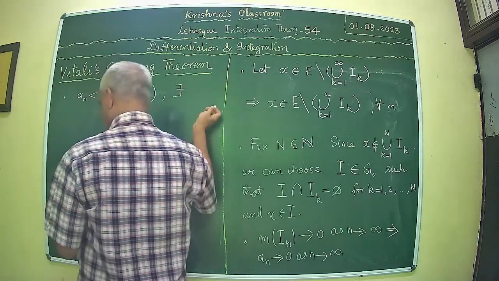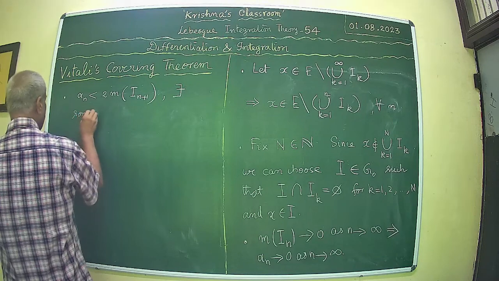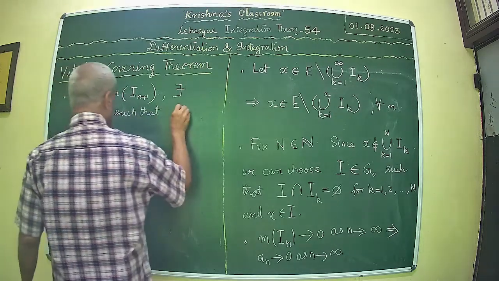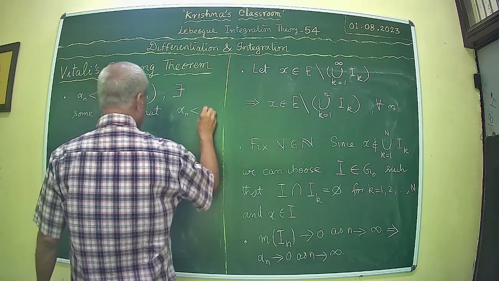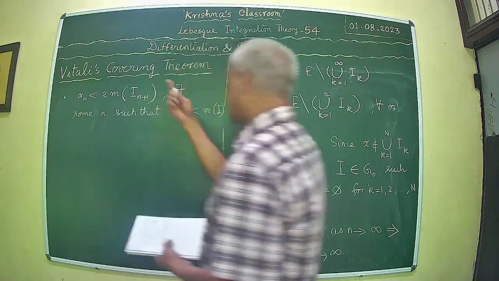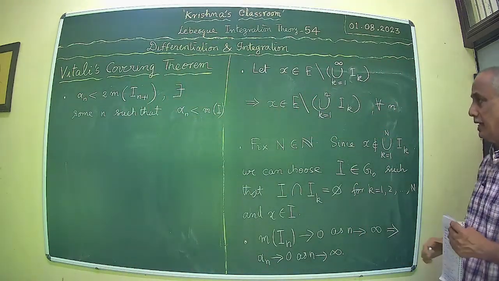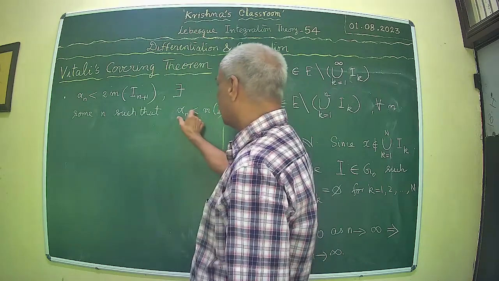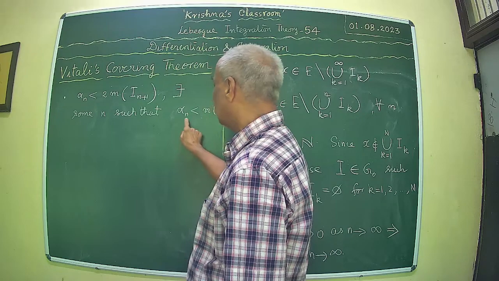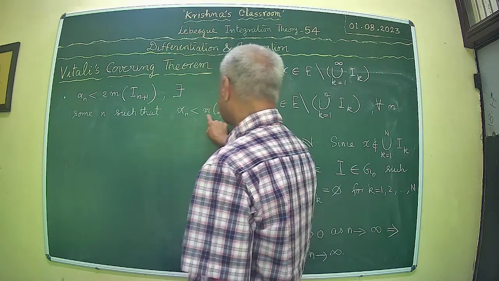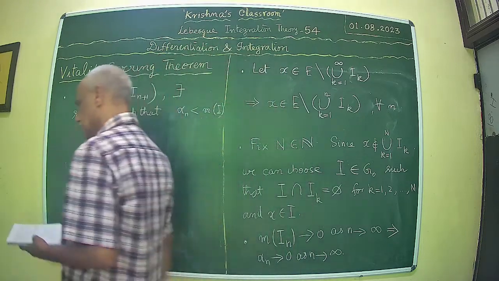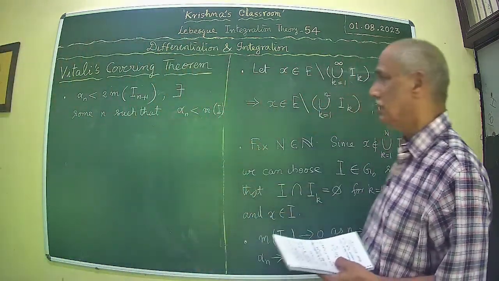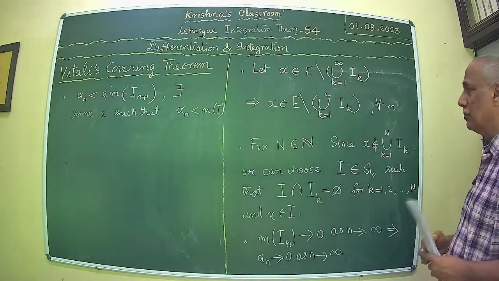There exists some n such that, we are talking about an arbitrary interval I, and alpha n can be made less than the measure of I by choosing n sufficiently large. That is always possible because alpha n goes to 0. So you can choose some n such that alpha n is less than the measure of I, if we fix I.